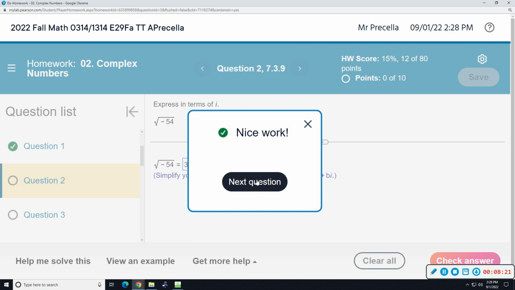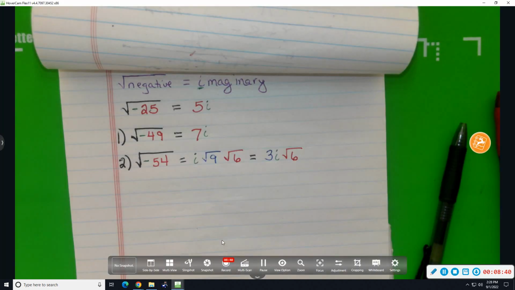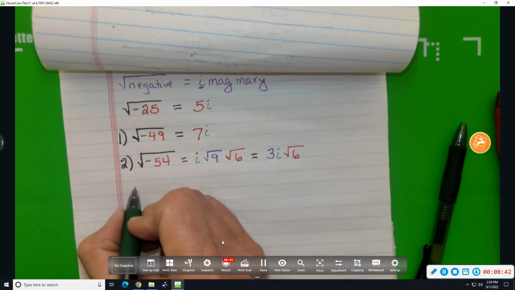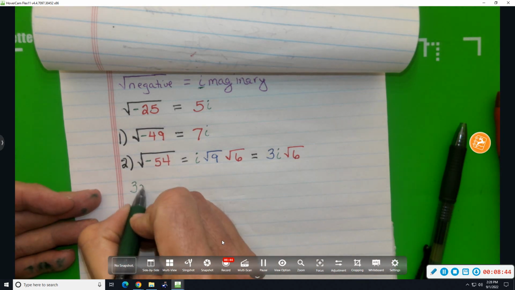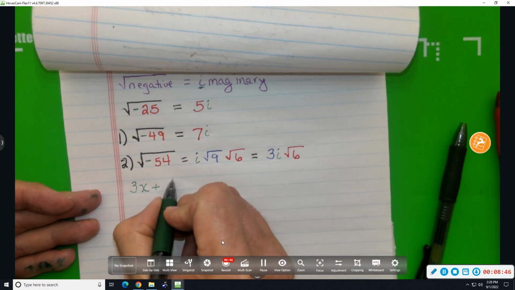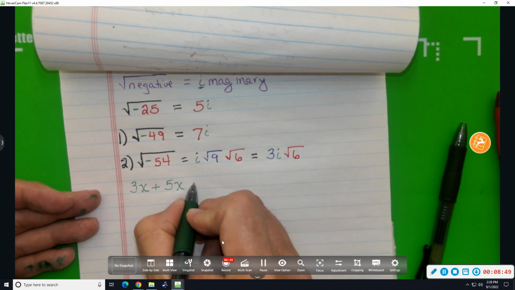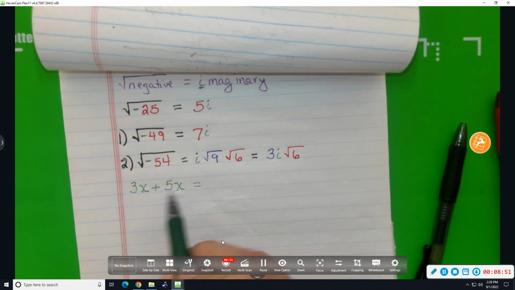Now, in previous algebra classes, one of the first things you learn is something called combining like terms. I remember this stuff about combining like terms. If you had 3x plus 5x, how would you combine those?